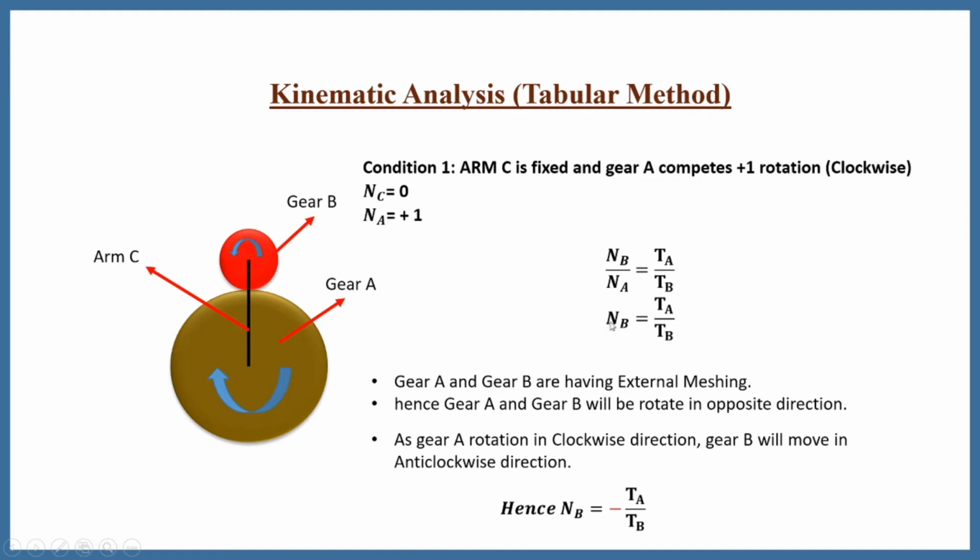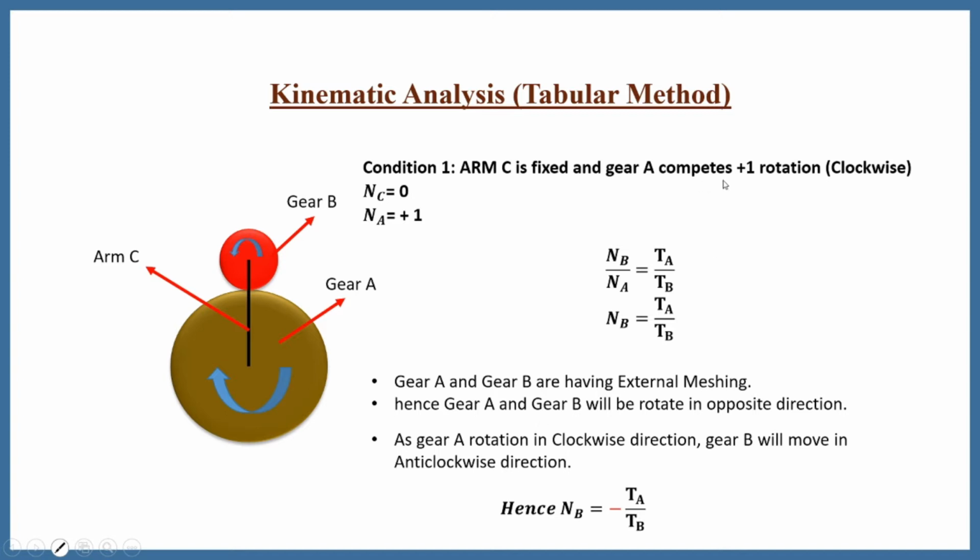Now NA is equal to plus 1, so NB is equal to TA upon TB. But in this case we need to consider the signs.